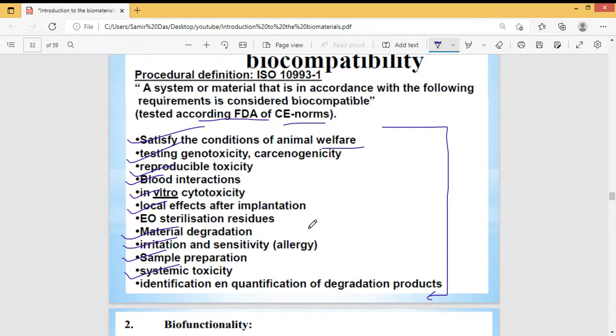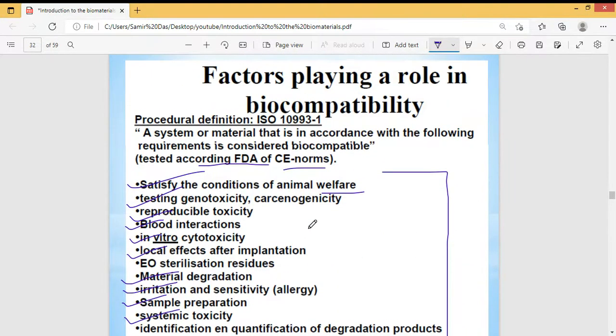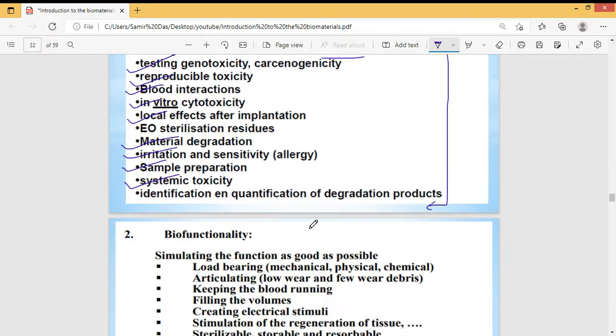So those are the things we keep in mind to check our biocompatibility.